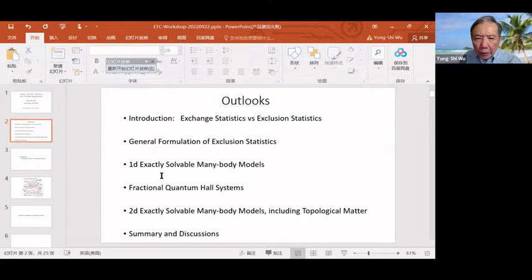Then I will talk about the realization of some seemingly ad hoc postulates about exclusion statistics, okay? Namely, they can be realized in one-dimensional exactly solvable many-body models.